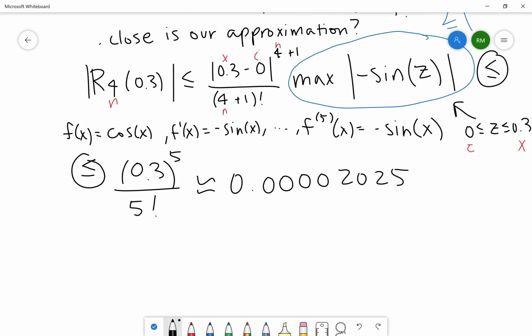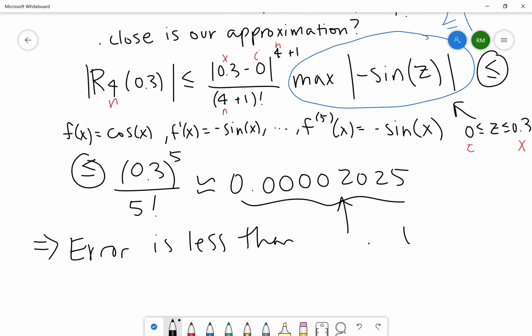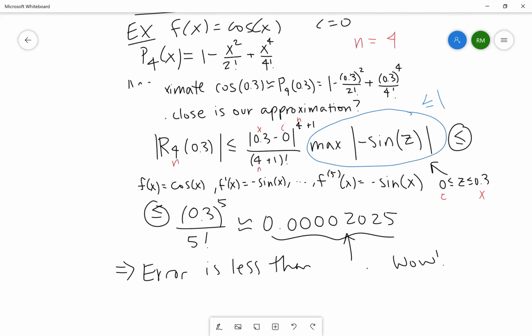So this tells us that our error is less than this number right here. Wow, that's small. It means that our approximation is accurate to 4 decimal places. That's pretty great.